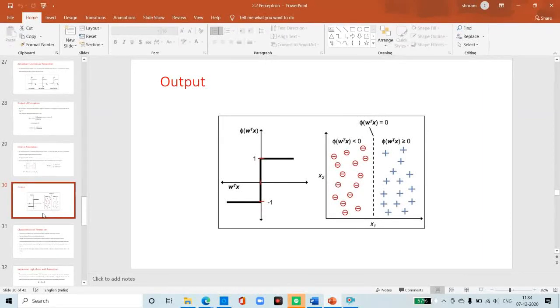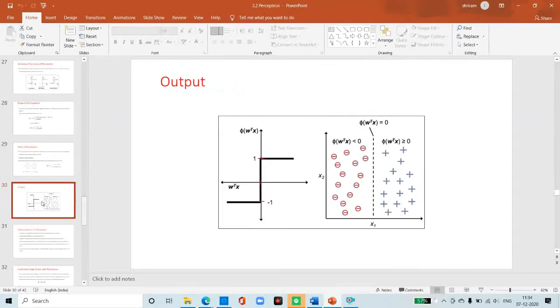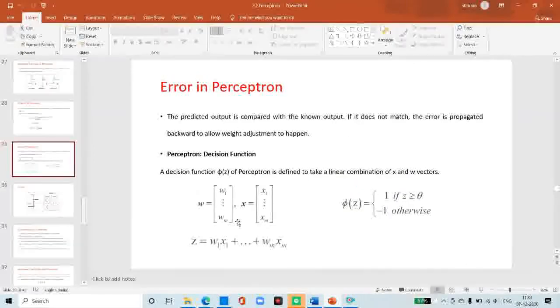So the final decision function is z equal to W0 x0 plus W1 x1 plus W2 x2 up to Wm xm.